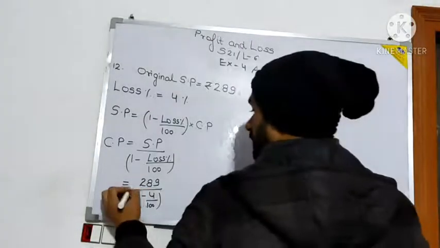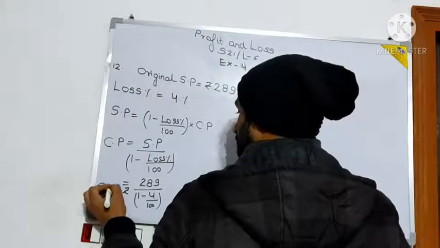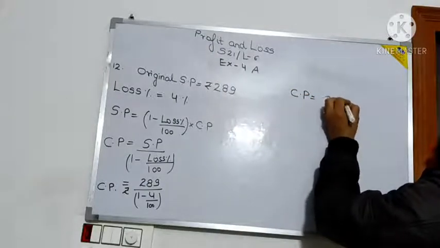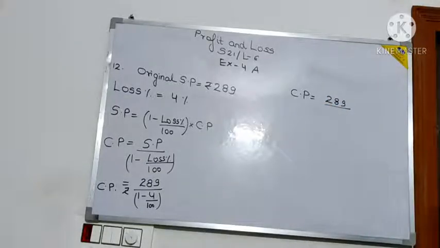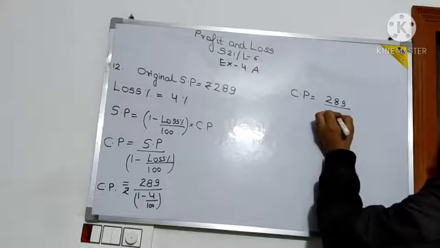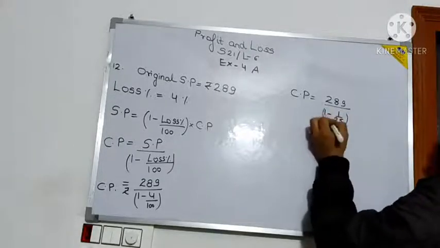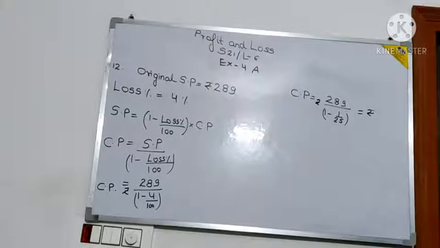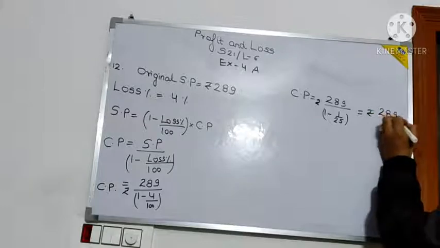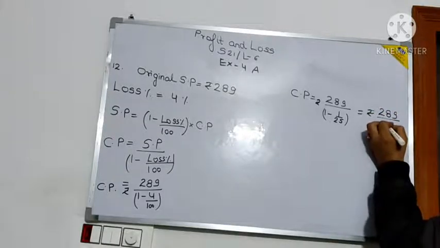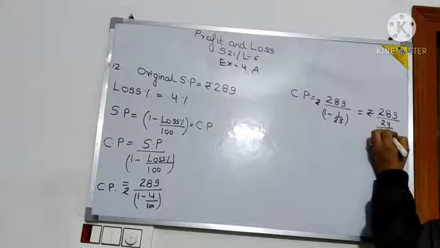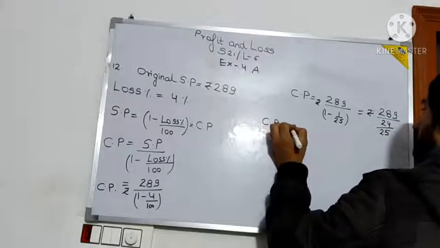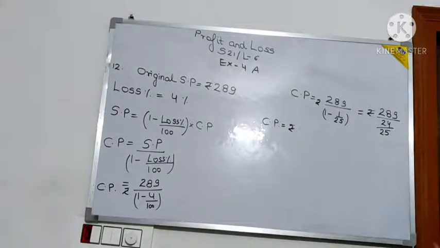That means there will be a rupee symbol here. So CP will be what? 289 upon 1 minus 4 by 100, that is 1 minus 1 by 25. That will be rupees 289 upon 10.5.